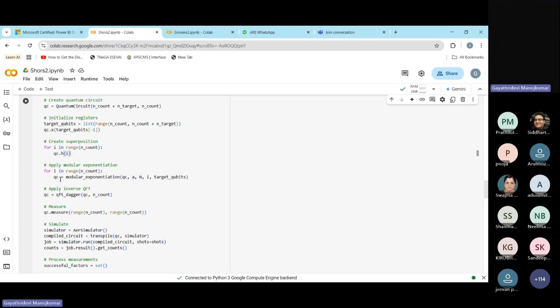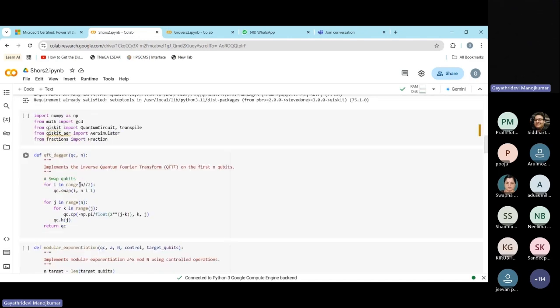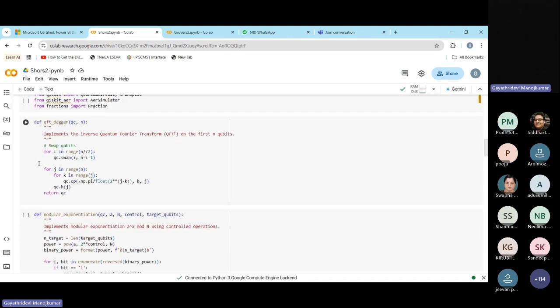After doing this, we apply the inverse QFT. I am calling the QFT, which I have already defined here, right? So I am just going to call the QFT.